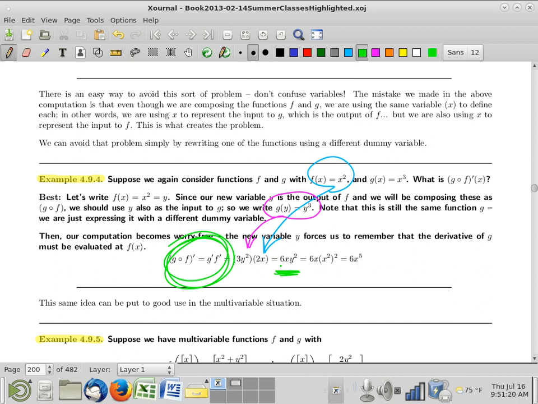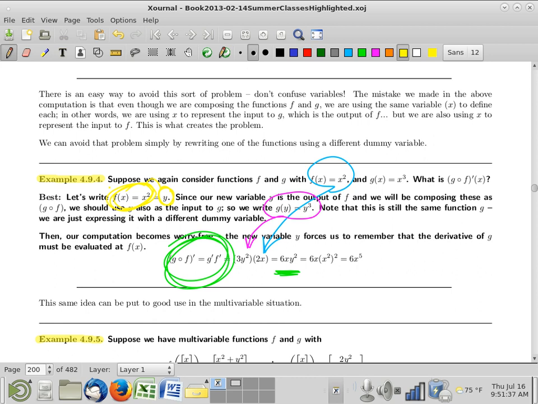Arguably, we should take that y, realize that y is f of x. In other words, having done a change of using a different dummy variable, it is keeping track for me.